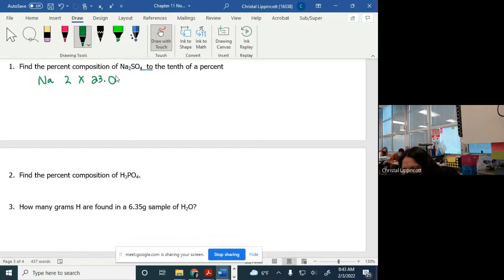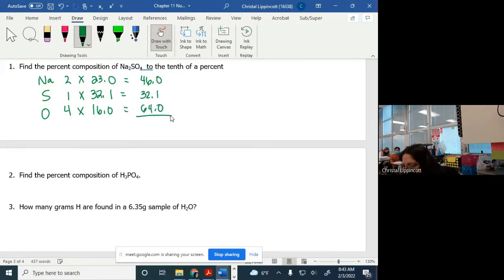I have 1 sulfur. And I have oxygen. I've got 4 of those. Where did I get these values from right here? Periodic table for each element. So sodium was 23, sulfur, oxygen. I'm going to multiply through. This is 46. This is 32.1. This is 64.0. And now I'm going to add them together.